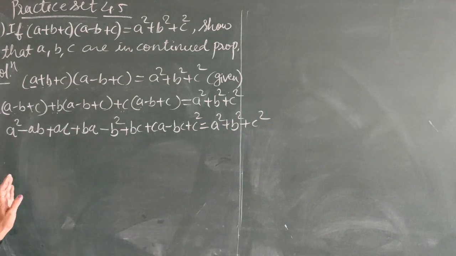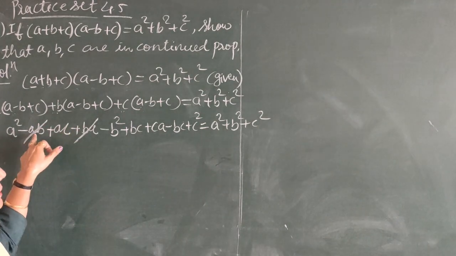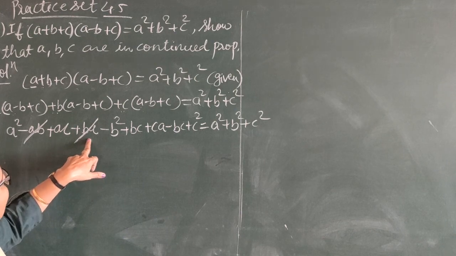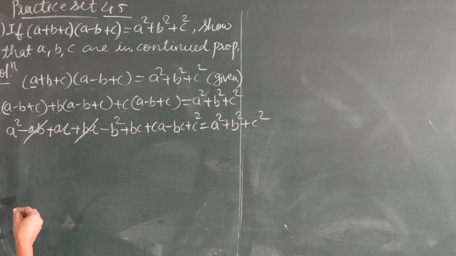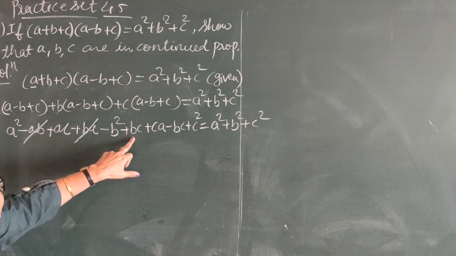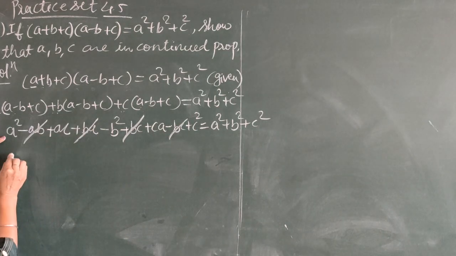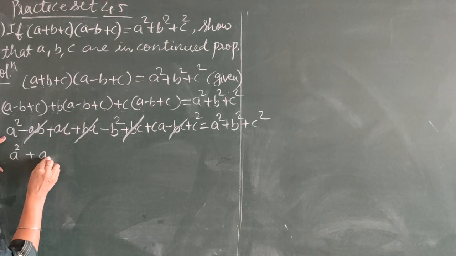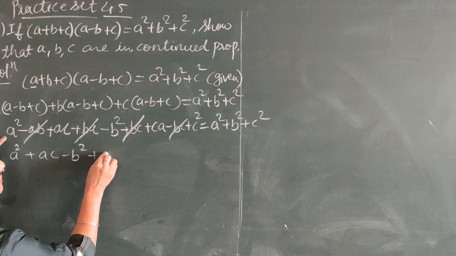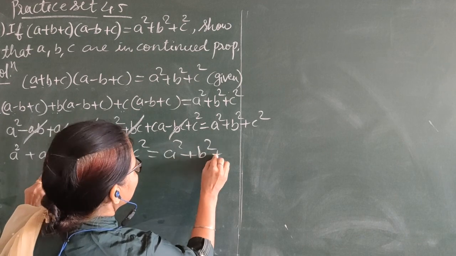Okay, now let's simplify the left hand side. Here children, you can see this minus ab and plus ab are eliminated, as the terms are the same but the sign is opposite. Similarly, plus bc and minus bc are also eliminated. Now let's write whatever is left: a square plus ac minus b square plus ac plus c square, and the right hand side will be as it is.